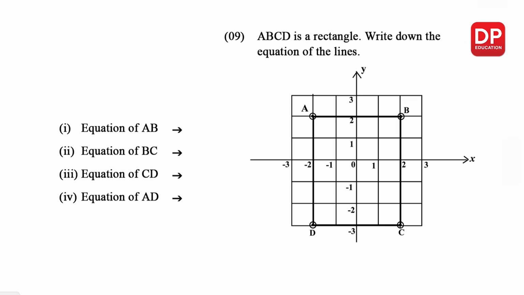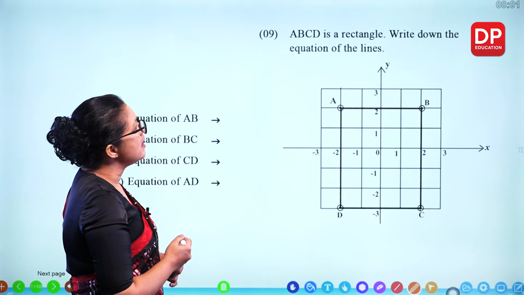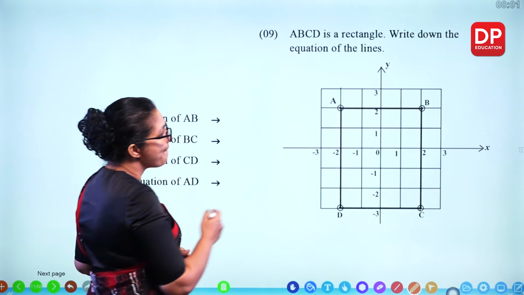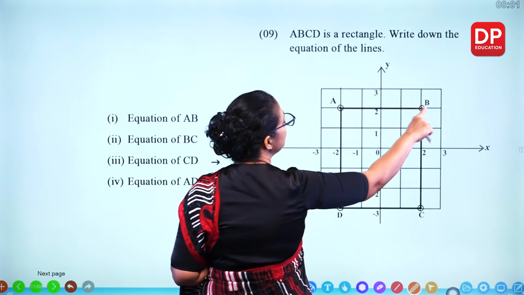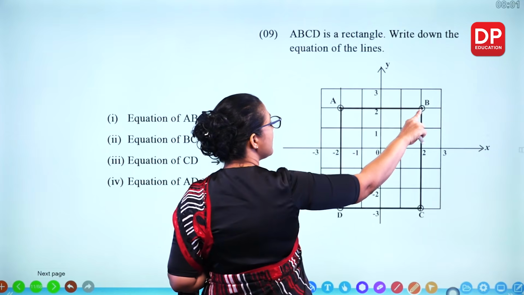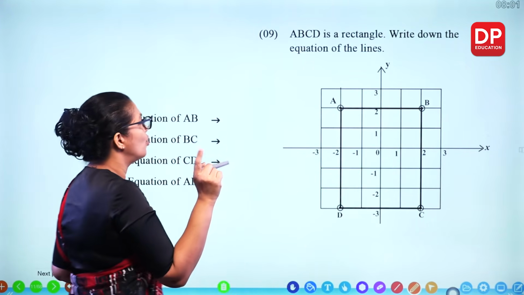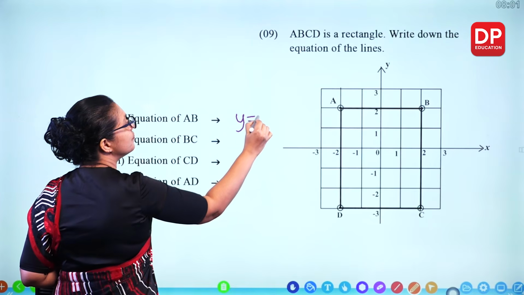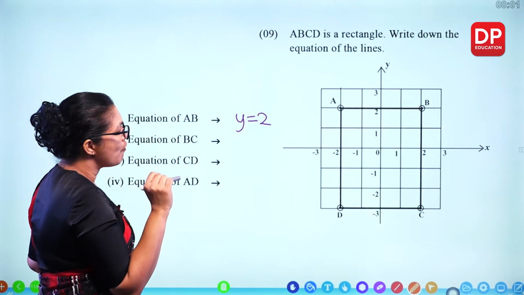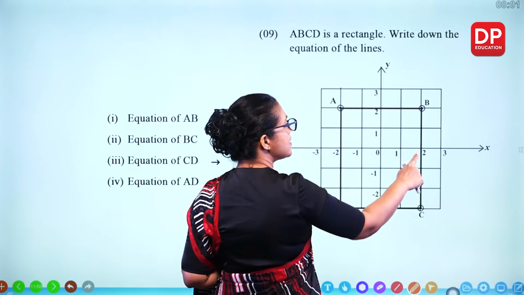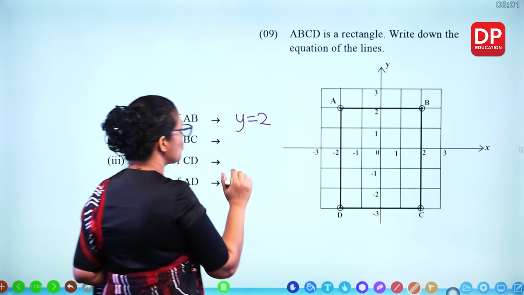ABCD is a rectangle. Write down the equation of the lines AB. AB is this one. Horizontal line, always the y value is 2. Y equals 2. Equation of BC, it's a vertical line, always x value is plus 2.